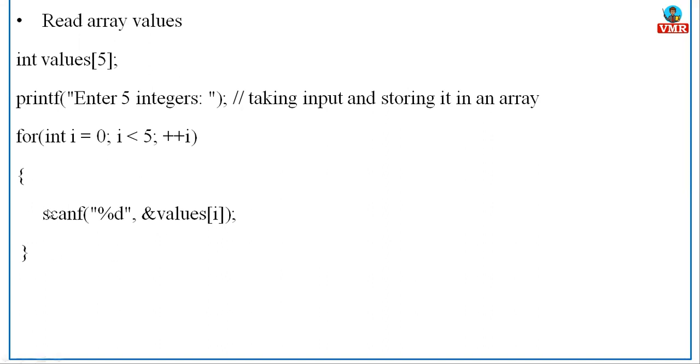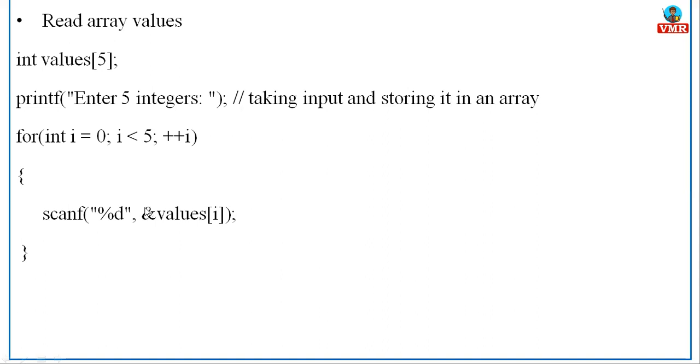So what we are trying to do, instead of writing 5 scanf statements, we are using the for loop, and you are using the scanf statement inside the for loop. You just see here, scanf %d is for reading integer values. Where do I want to store the value of those 5 integers? I want to store them into this values array, right? So obviously you need to know the address of this particular array.